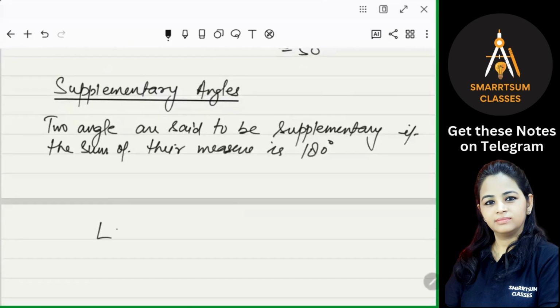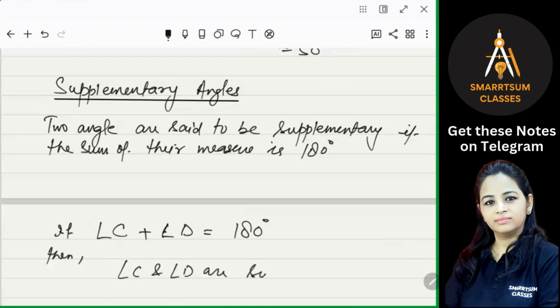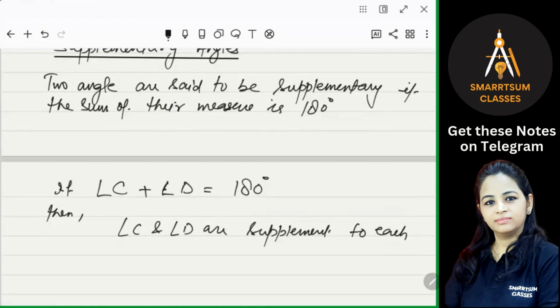Means, for example, if angle C and D, right? Angle C plus angle D is equal to 180 degree, right? Then we say that angle C and angle D are supplement to each other. Okay. So if one angle is given, you can find out the supplement of that angle by subtracting it from 180 degree.